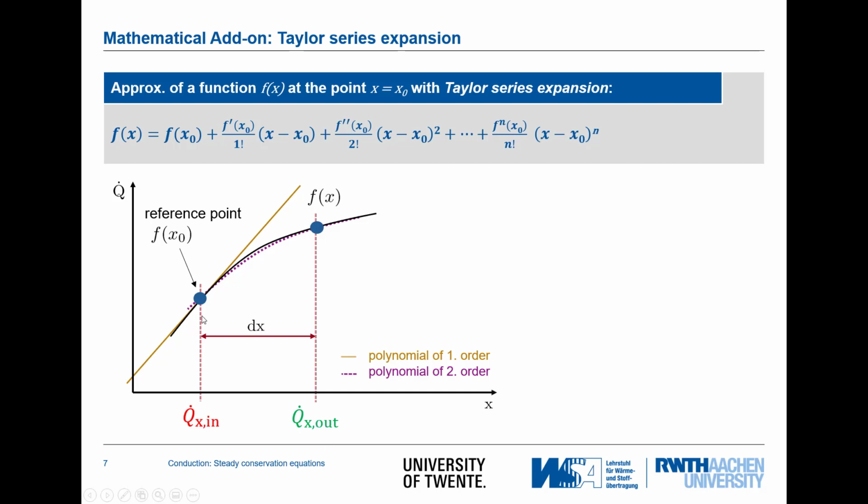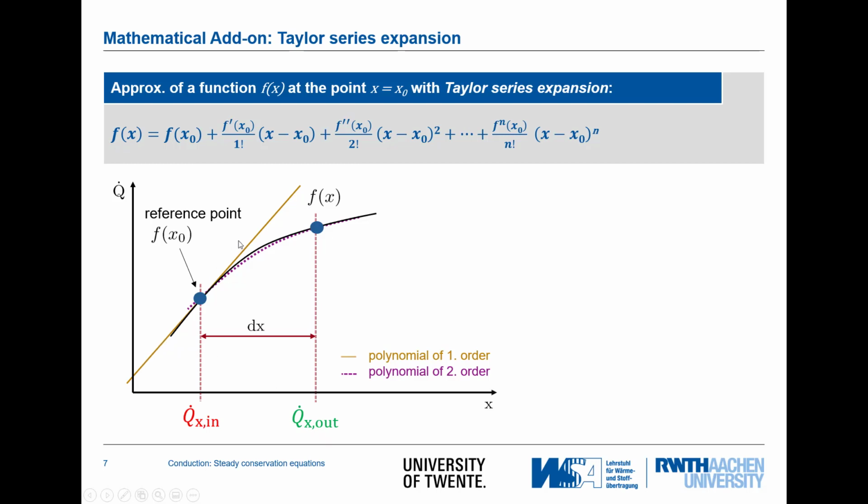How can we do that? We can in the first part assume that the function value of the heat flux at this location x0, together with the local gradient, so the first derivative at x0 times the distance dx, so x minus x0, can be used to approximate the function f of x, so the heat flux at the location qx out.